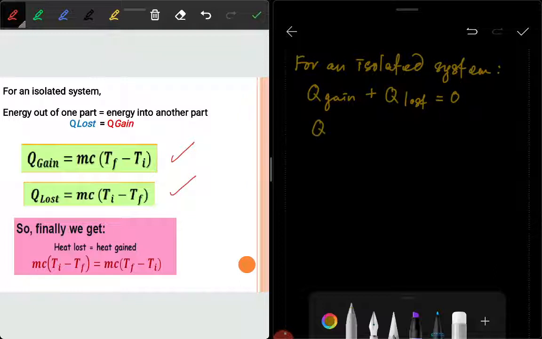So here the equation becomes heat gain is equal to minus heat loss.